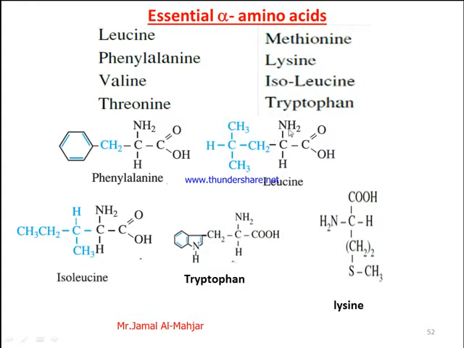This is alpha because the amino group is at the alpha carbon, the carbon adjacent to the carboxyl group, C double bond OH. That's why you call them alpha amino acids.